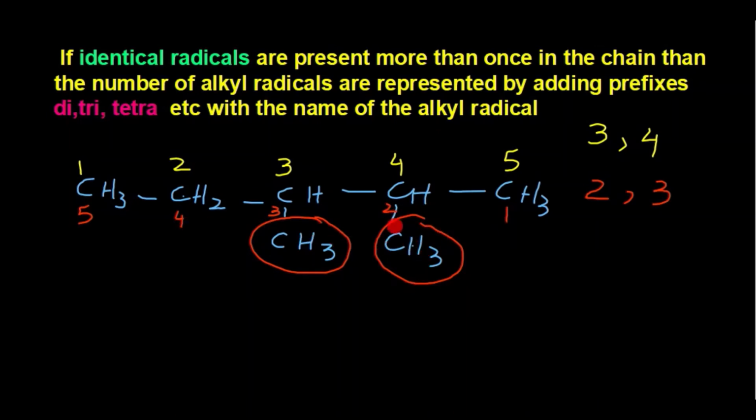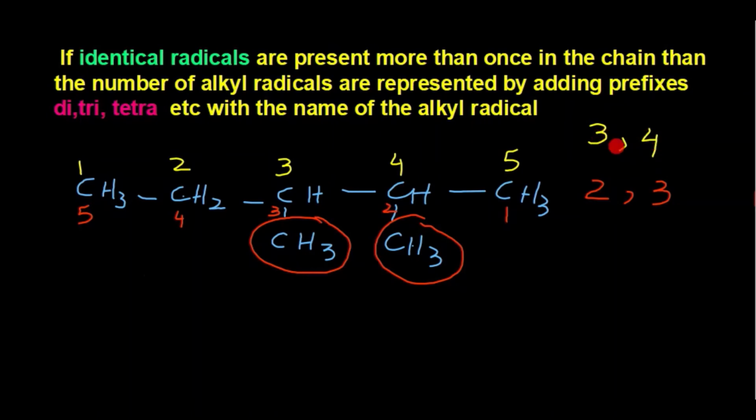It is attached with second carbon. And the second methyl radical is attached with third carbon. Right? But if we do the numbering from left side, the first methyl radical is attached with carbon number 3 and the second methyl radical is attached with carbon number 4.